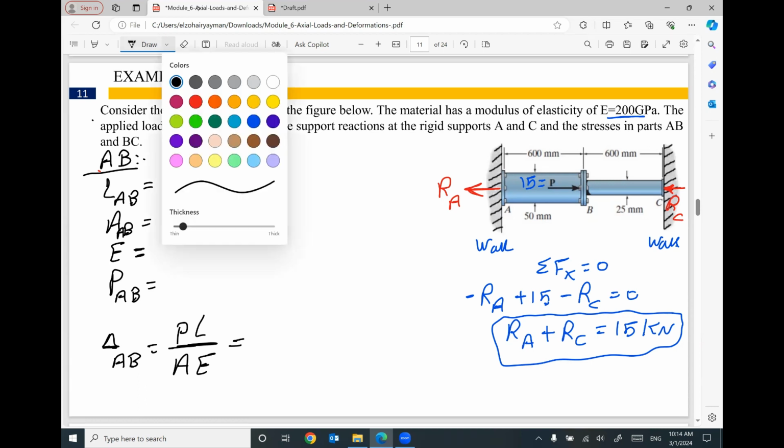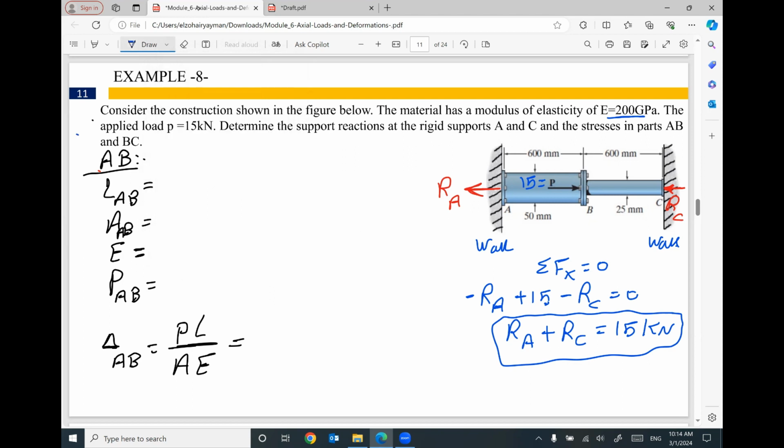So first of all, the length of part AB equals 600 millimeter. For the cross-section area of part AB, we have a diameter equal to 50 millimeter. So pi divided by 4 times this diameter squared will give you the cross-section area of this part.